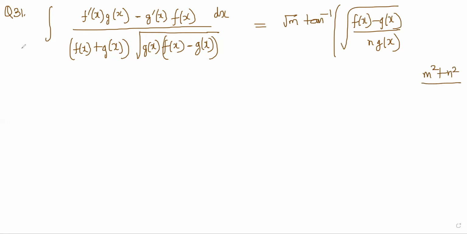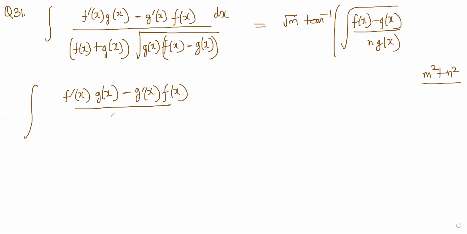Okay, so this form on top suggests that I should divide by gx square on top, because this is like a quotient rule, right? If I do this, gx minus g dash x f of x by g square x gx whole square. So I will have to do the same in the denominator as well.